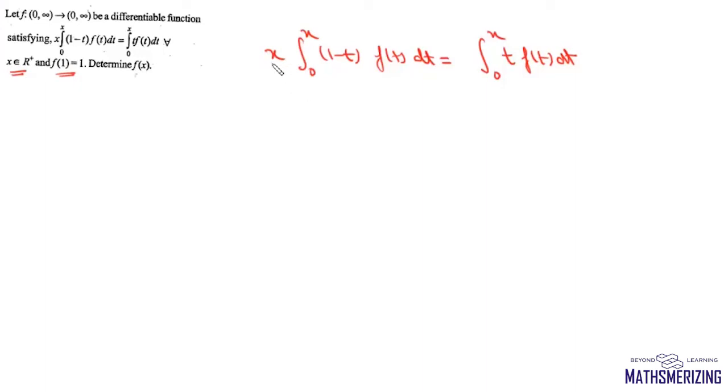Now again we'll differentiate this function. For the expression on the left hand side, we'll use the product rule. Now x as it is, what is the derivative of this integral? It is 1 minus x into f(x) into the derivative of x, which is 1, minus the derivative of the constant, which is 0.